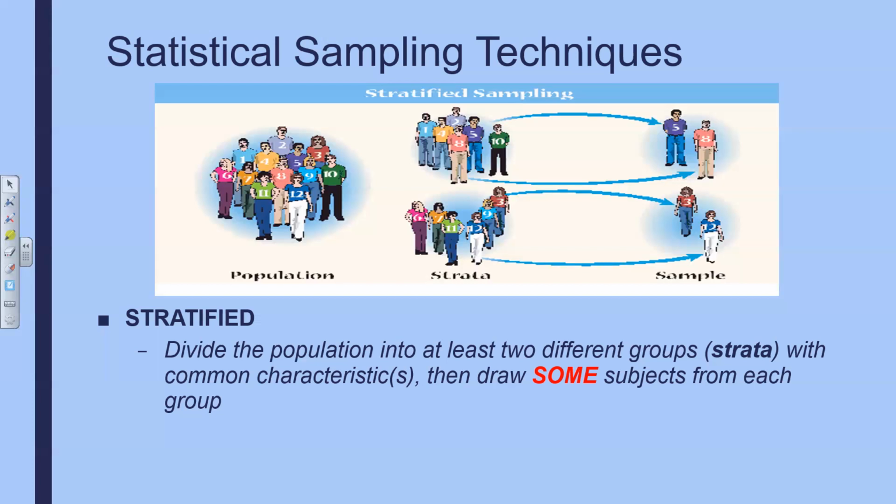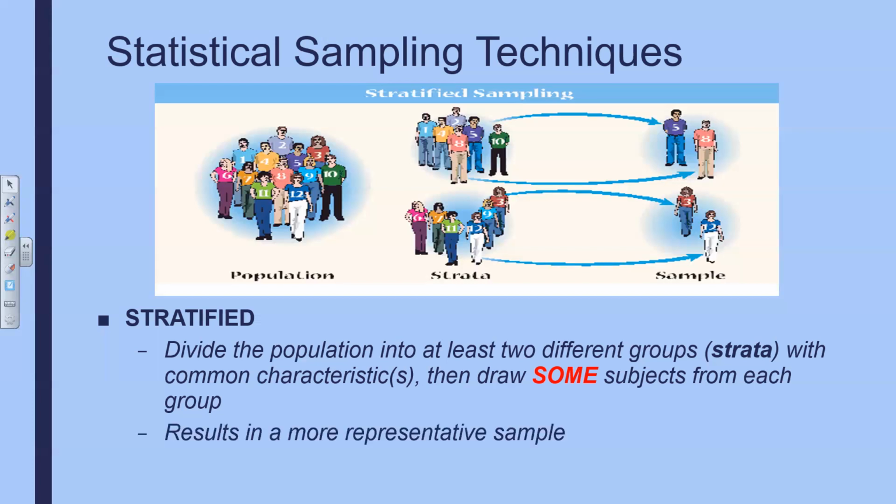Stratified is groups, and I select some from each group. Now, here's where you sometimes see that multi-layering deal, because we divide them into groups, and then to select the some from each group, we may use a random number generator, or we may use systematic. Again, we're not worried about how they choose those, but that's where it could happen.